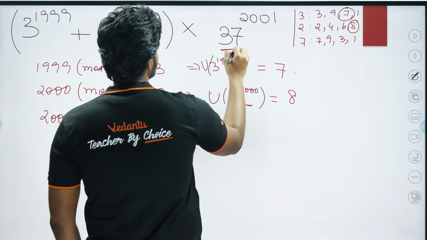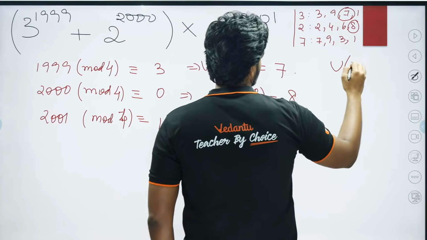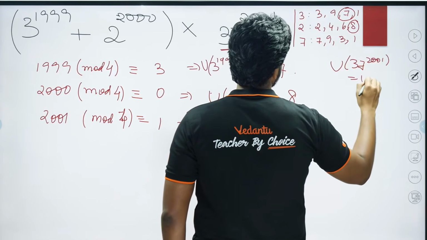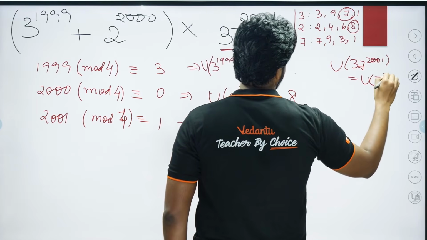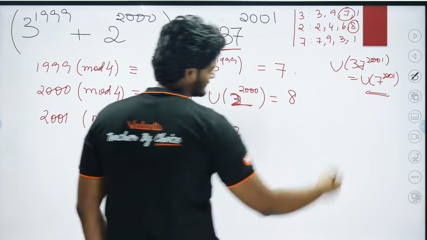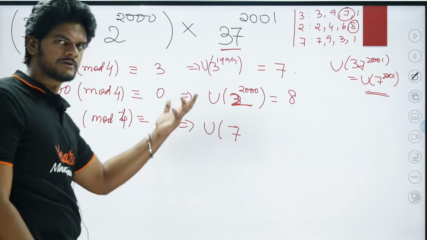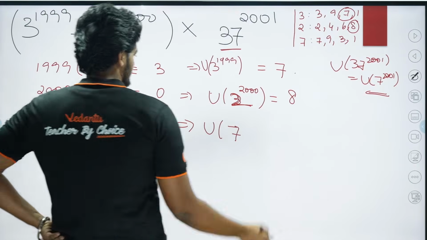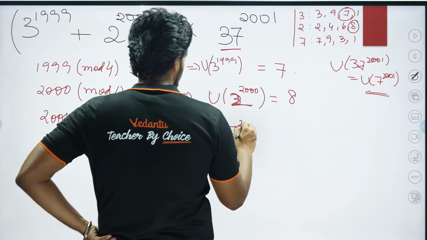So this is 37. Okay, unit digit of 37 power 2001 will be the same as unit digit of 7 power 2000. So you just need to look at the last digit power whatever is given, right? So unit digit of 7 power 2001.